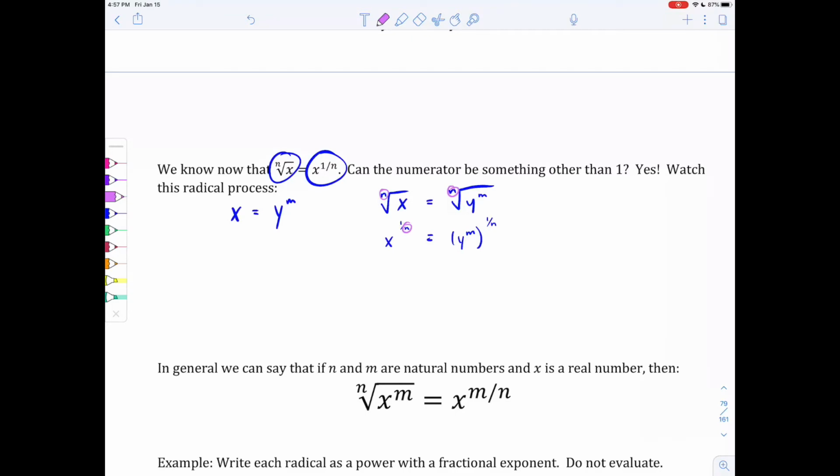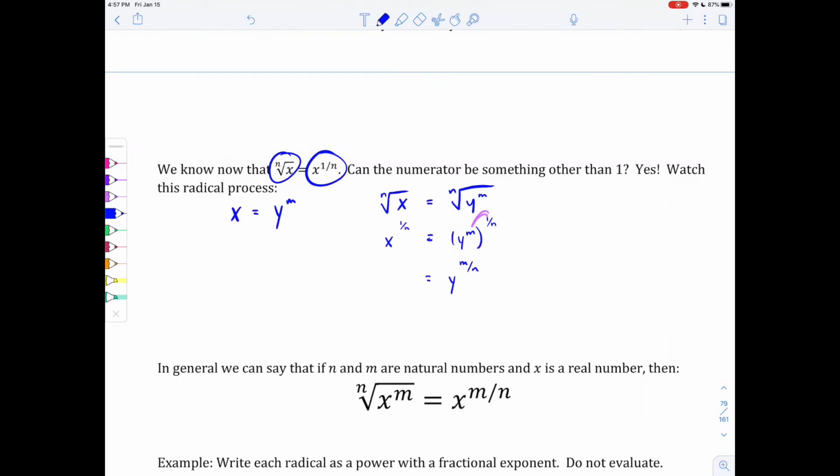Same, nothing really changed. But let's take a look at what's going on on that right-hand side. Well, on that right-hand side, we have a power of a power. We're raising that exponent, m, to the power of 1 over n. And when we do that, what we do is we multiply these exponents. So we end up with y to the power of m over n.